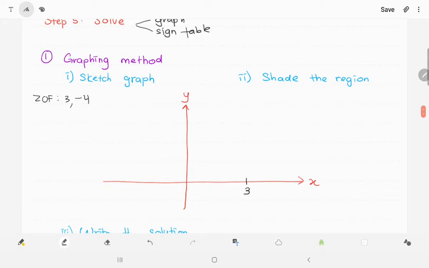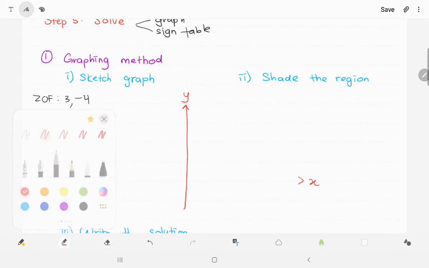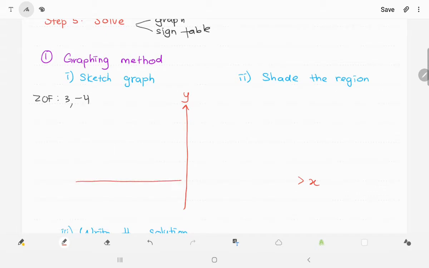So this is 3, this is negative 4, for example. Oh, I've deleted all of it. Never mind, we can just draw it back.